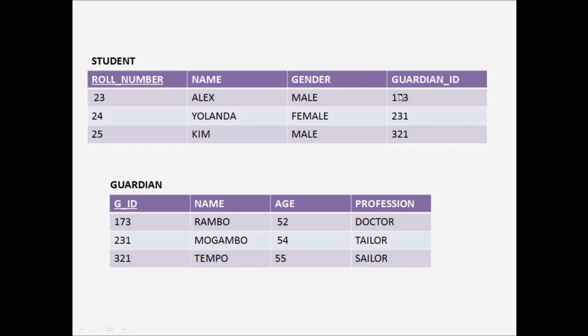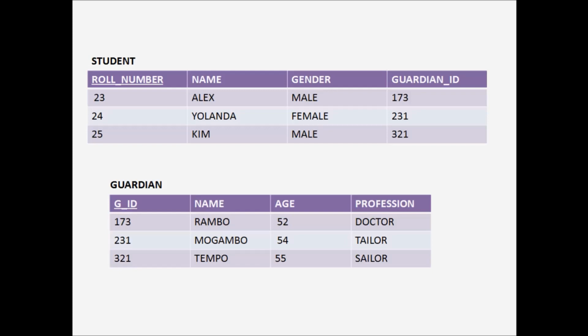And if I insert that value for column guardian ID which is not available in the GID column of table guardian, then I will get an error, because it is the violation of foreign key constraint, which is also called referential integrity constraint.